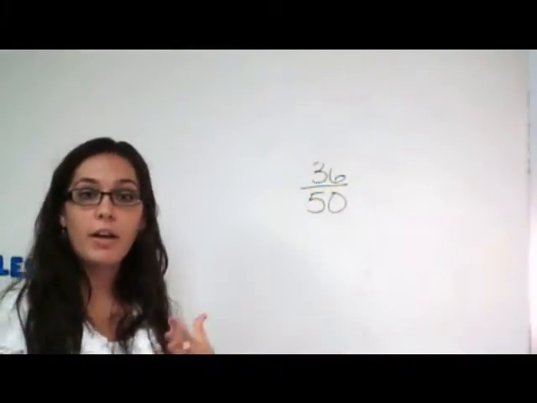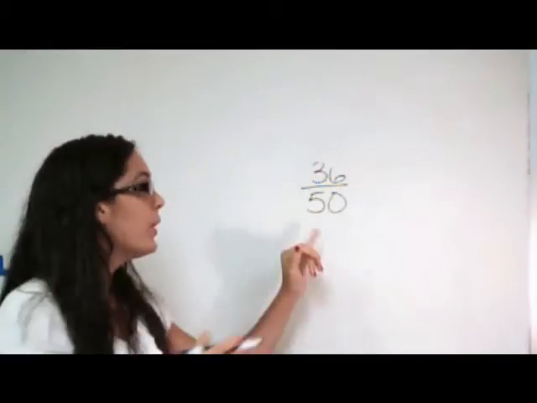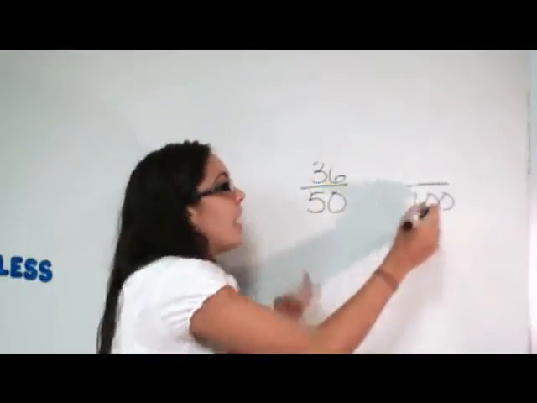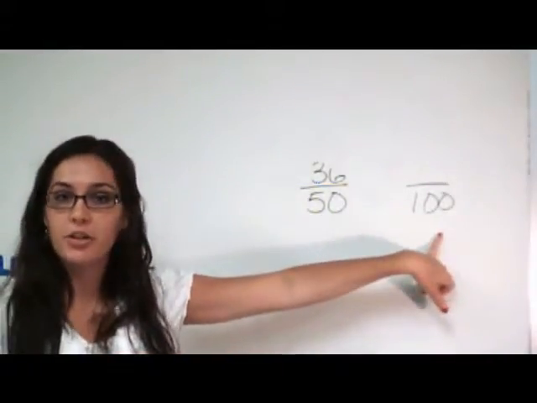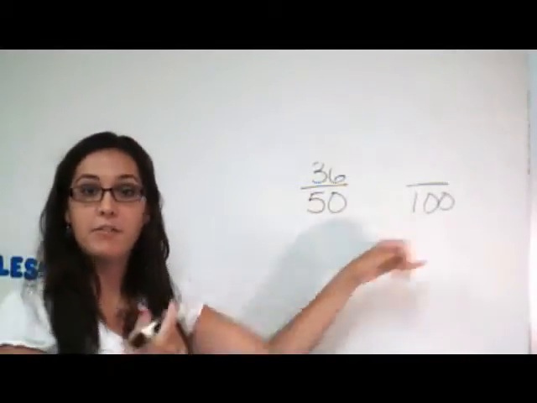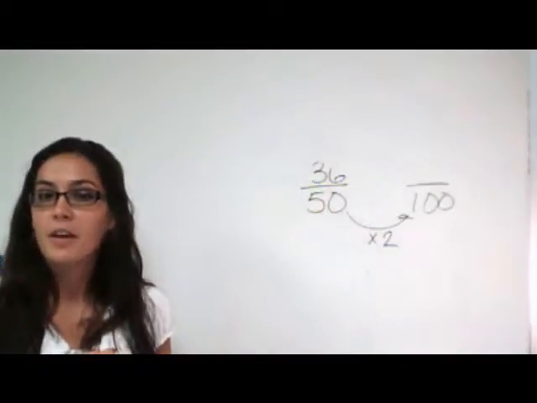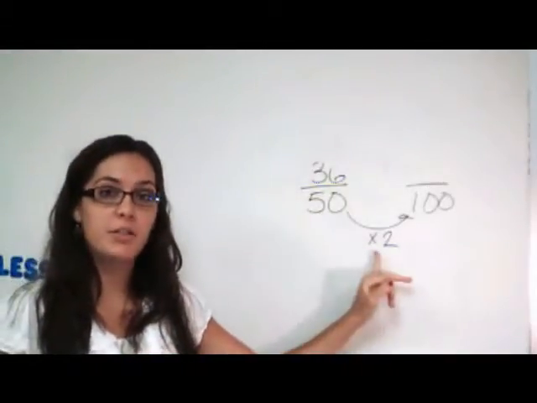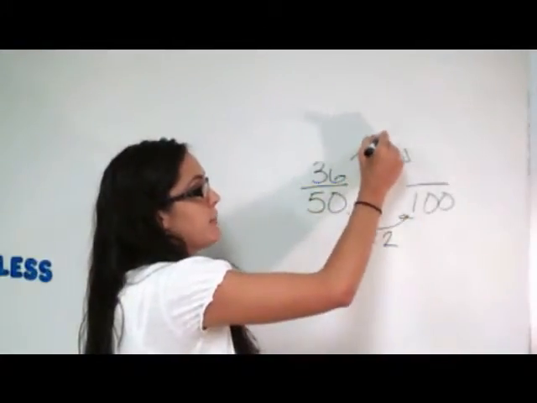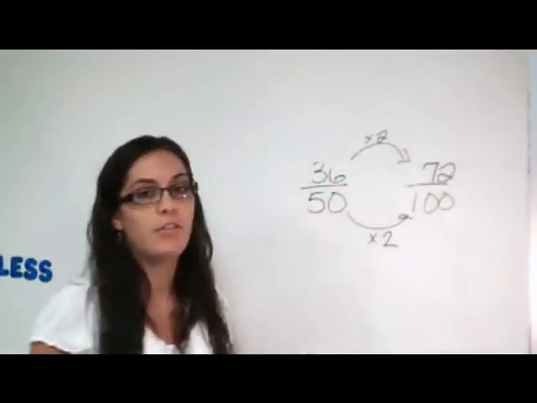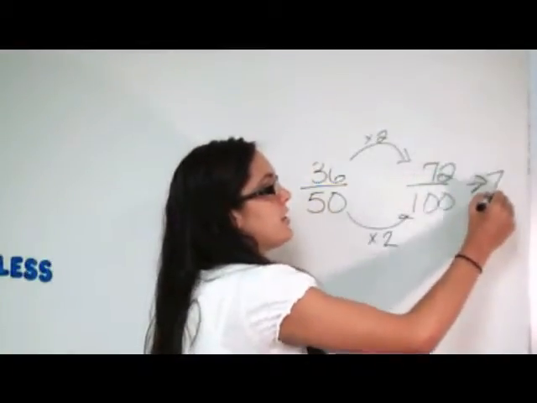Or, since a percent always has a denominator of 100, we can try to find what times 50 would give you 100. 50 times 1 is 50. 50 times 2 would give you 100. So if I multiply 50 times 2, I'm going to do the same thing with the numerator of 36. So 36 times 2 is 72. So 72 over 100 translates to 72%.